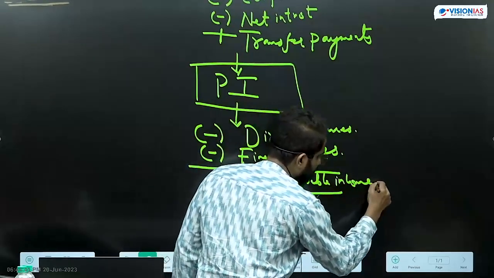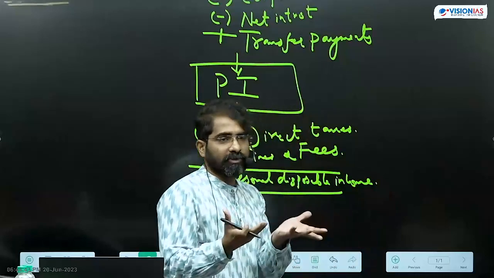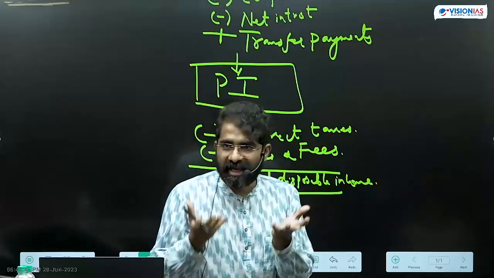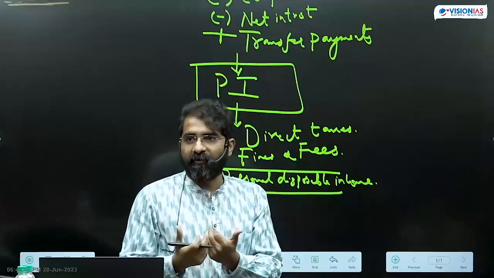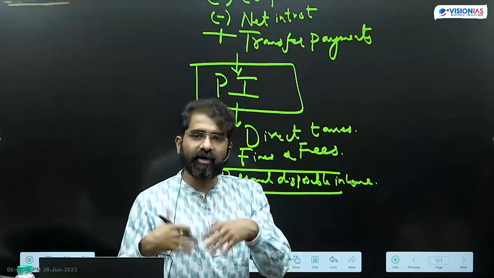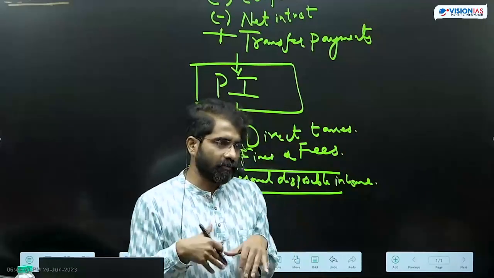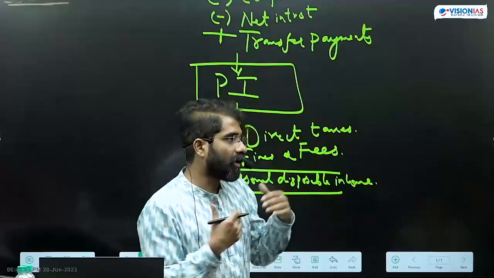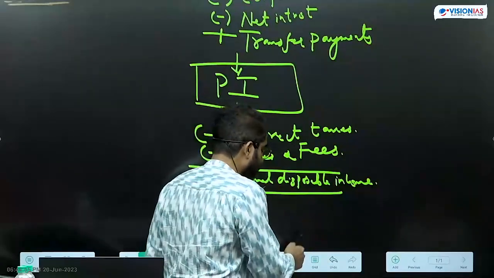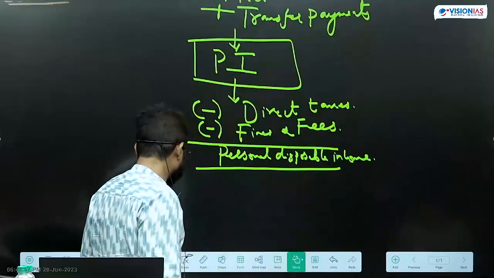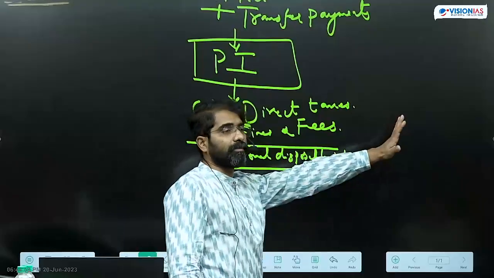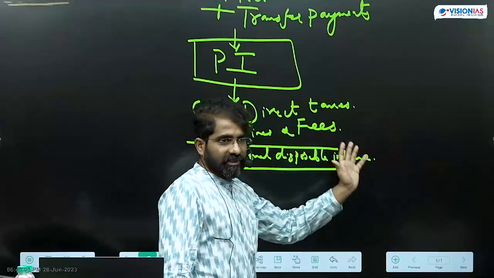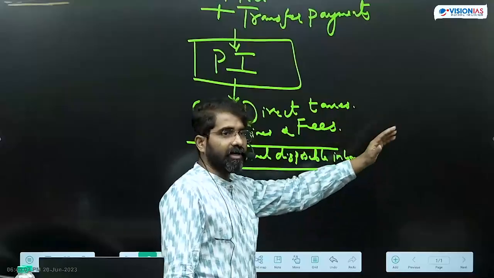This personal disposable income, that means the income at my disposal, which I have for consumption or for saving. Either I can consume, go buy something, or I can save. So this personal disposable income will decide the demand in the economy, isn't it?